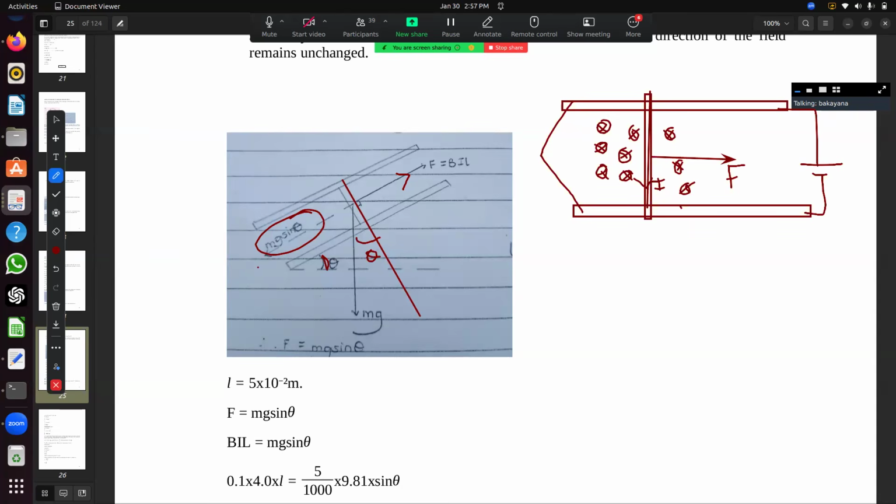If you resolve along the rails, then mg along the rail would be mg sine theta. It is that mg sine theta that we equate to the magnetic force. If you have mass, you have g, you have B, I, L, you can get the value of theta as per what the question requires.